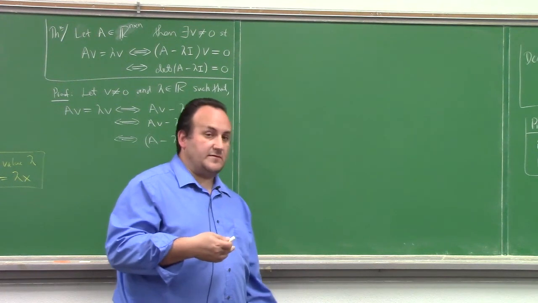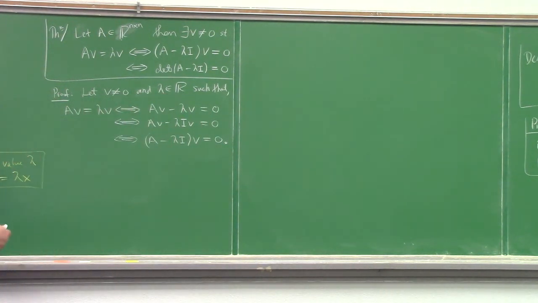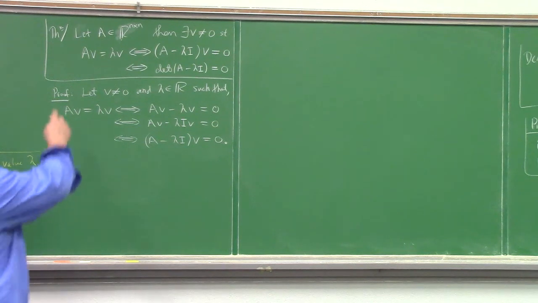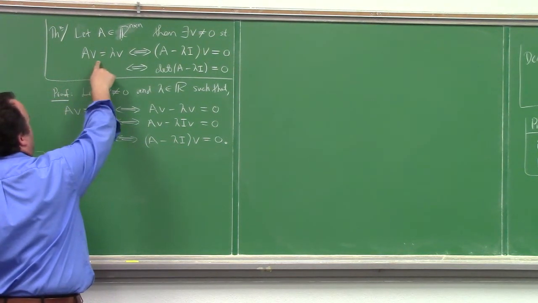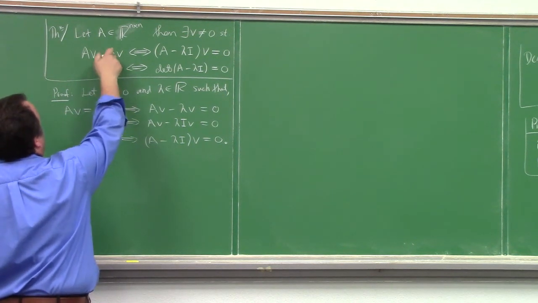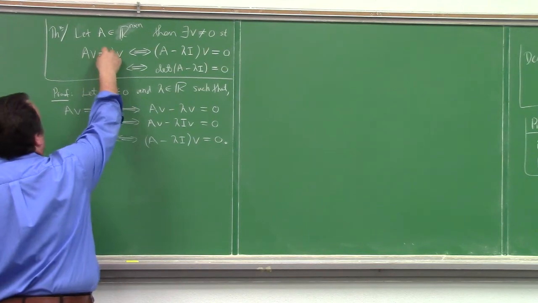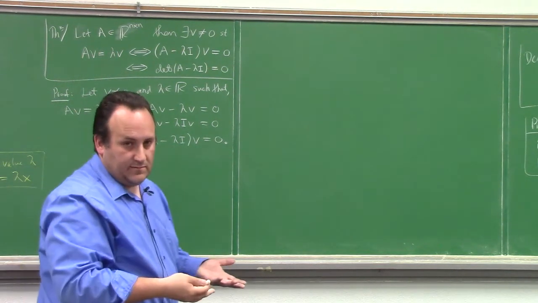The number is the lambda, right? The matrix times the eigenvector gives us the same answer as the lambda scalar multiple of V. What this equation says is that when we multiply the matrix times an eigenvector, it just somehow rescales the vector.